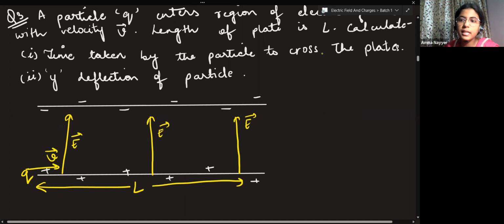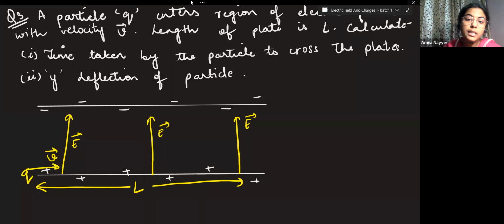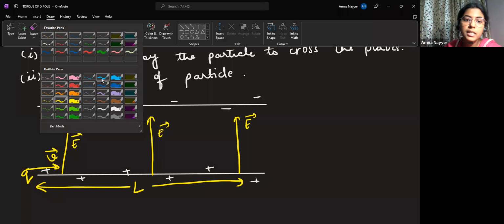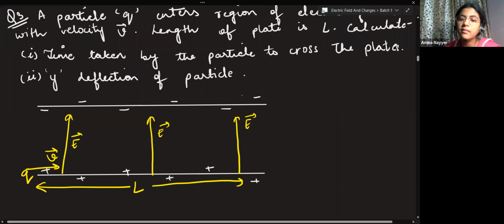Now it says to calculate the time taken by the particle to cross the plates. Now see, it is a positively charged particle and the other plate is negatively charged. Now look carefully. Once it starts moving, what will happen? The negative plate will try to attract it, and it will move somewhere like this.